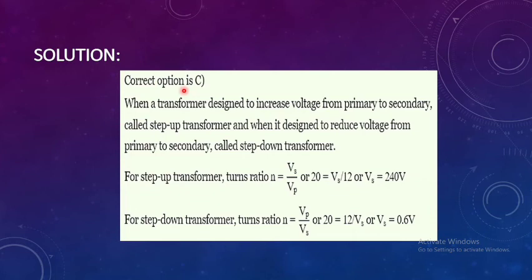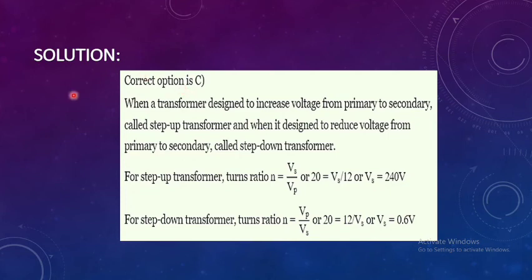And when it's designed to reduce voltage from primary to secondary, it is called a step-down transformer. So halimbawa, if we have a 10 is to 1, so that is step down. Pag step up naman po is 1 is to 10.